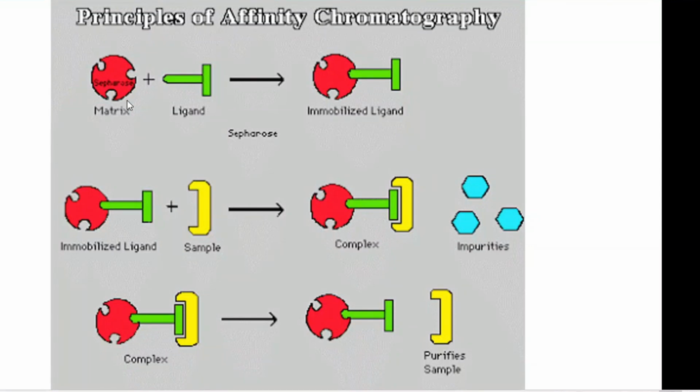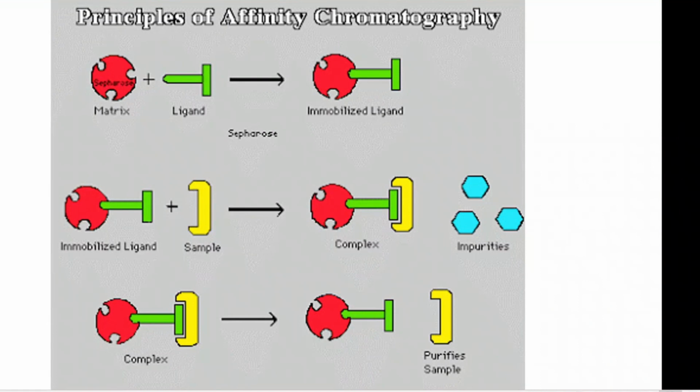Okay, let's see what happens in the first reaction. Saccharose is a material used as a matrix molecule, or stationary phase, and this is added with a ligand molecule. It forms a complex, an immobilized ligand complex. Now the ligand molecule cannot move. In the next step, the immobilized ligand is exposed to the sample molecule.